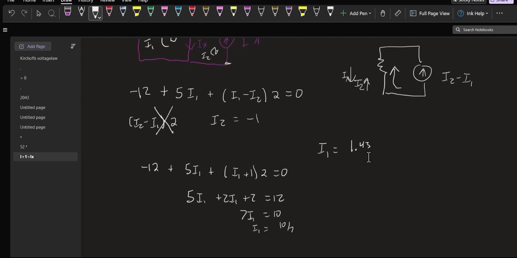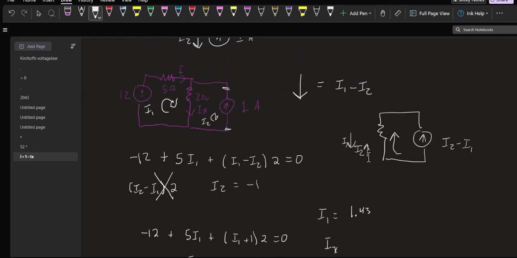And then Ix is the current going down the middle branch, and it equals I1 minus I2. So Ix is I1 minus I2, which is 1.43 minus -1, which is 2.43.